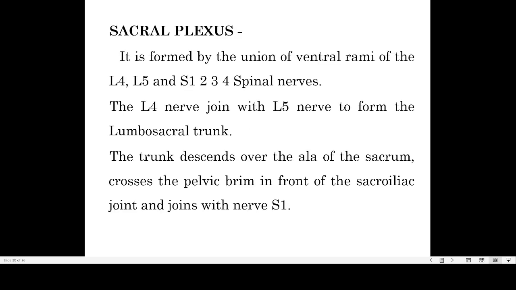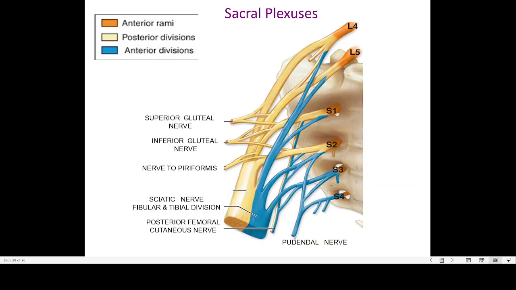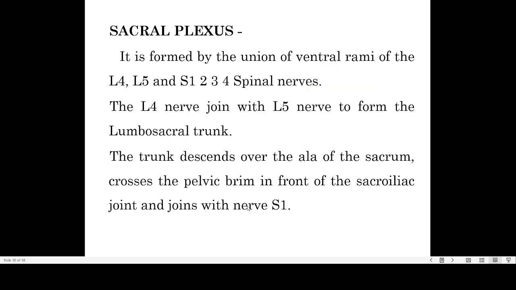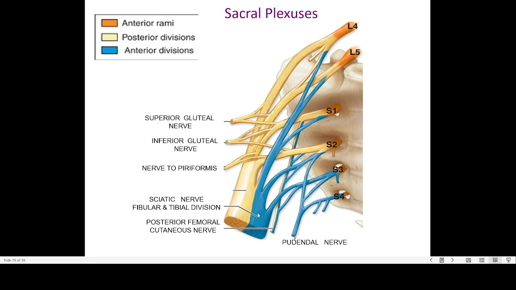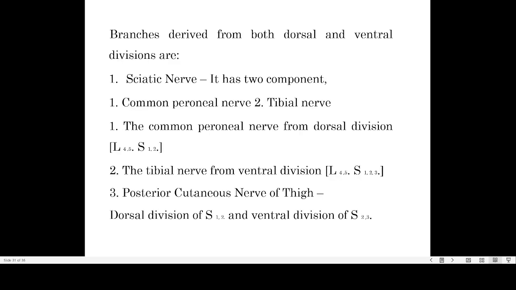Both divisions, both ventral and dorsal, form this nerve. So this is the sciatic nerve, with its fibular and tibial components. So this is about the sacral plexus.